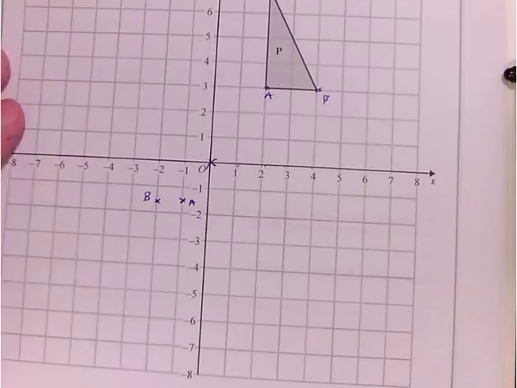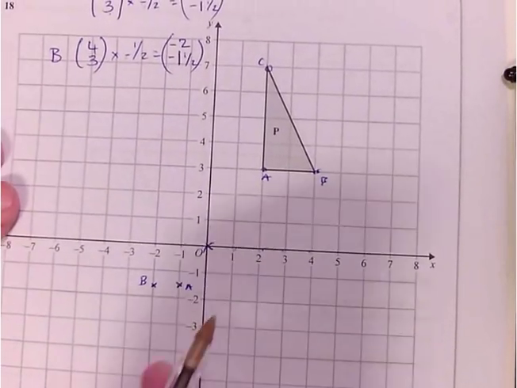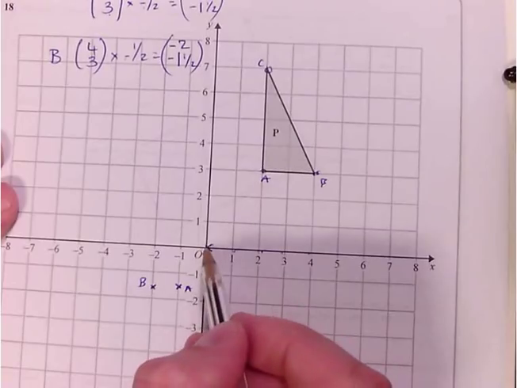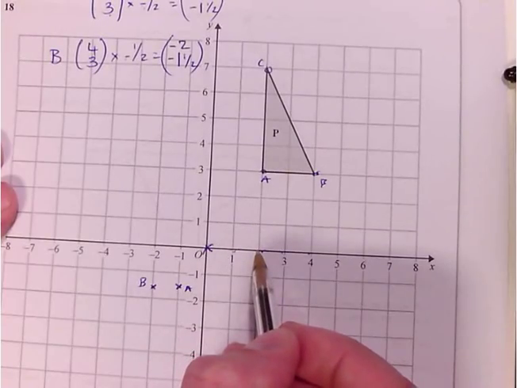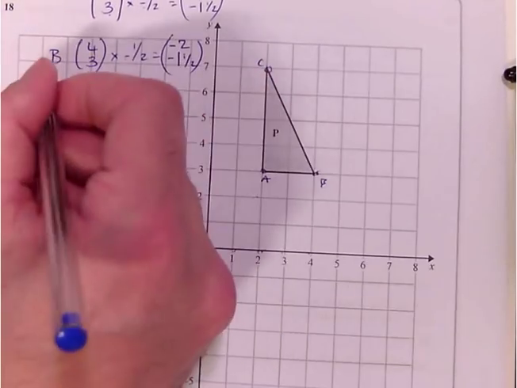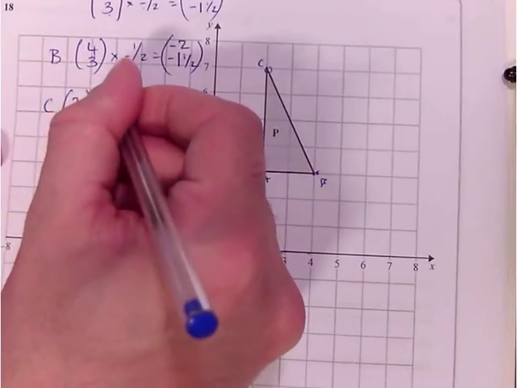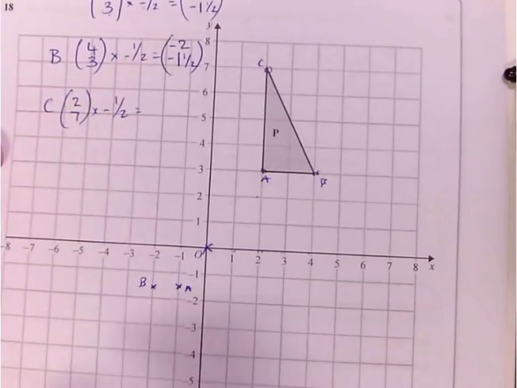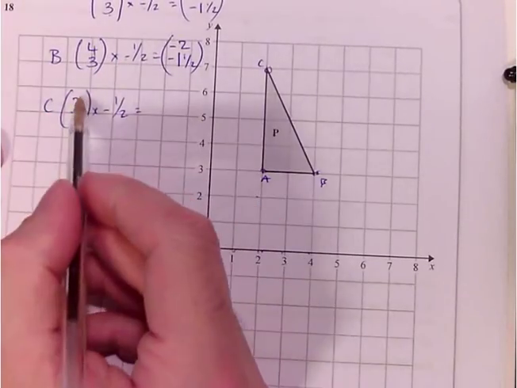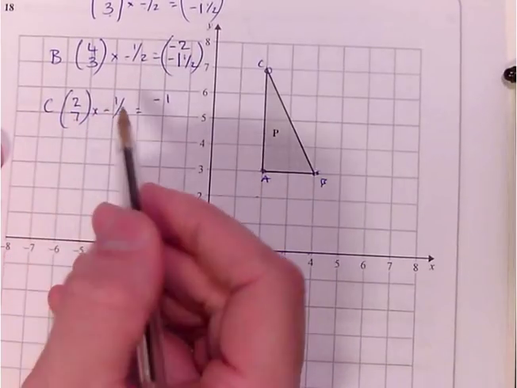Finally, C. My vector to get to point C would be 2 across, 1, 2, 3, 4, 5, 6, 7. 2 across, 7 up. Times -1/2, sorry. Half of 2 is 1, with a minus, -1. 7 times 1/2 is 3.5, -3.5.